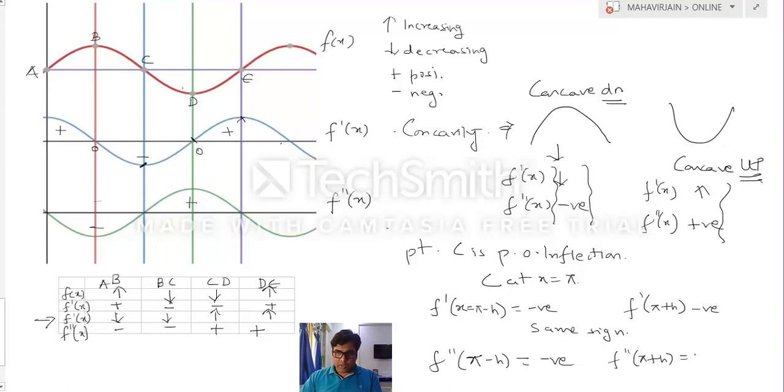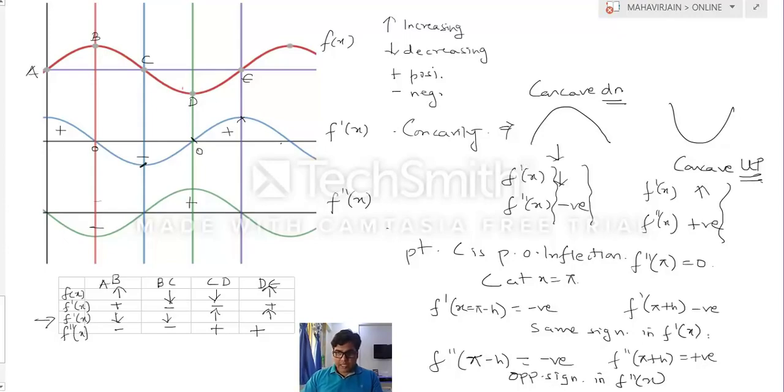Just check. It's positive. So at point of inflection, f double dash of x is 0. At point of inflection, f double dash of pi is 0. Before and after, they will have opposite sign in f double dash. So opposite sign in f double dash. Same sign in f dash.